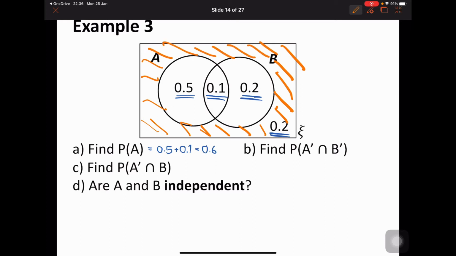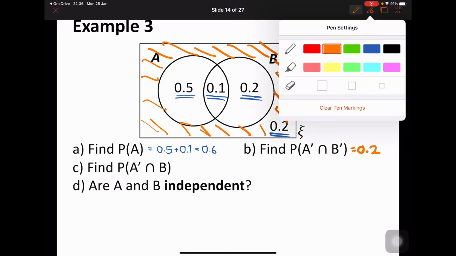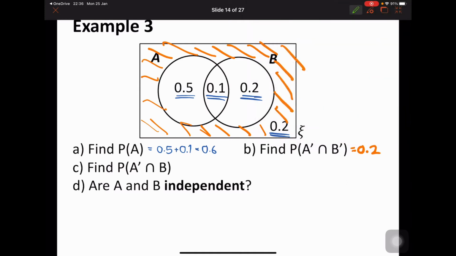So the probability is simply 0.2. Probability that it's not A and it's B. So it can't be A and it has to be B. So it's going to be this region, right? So it's just 0.2.